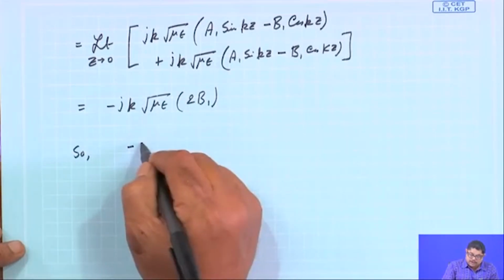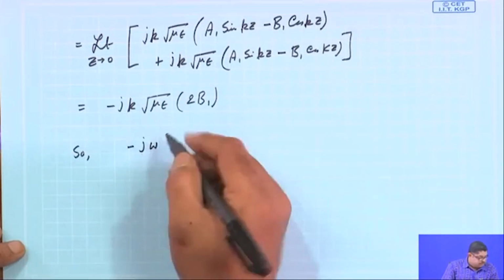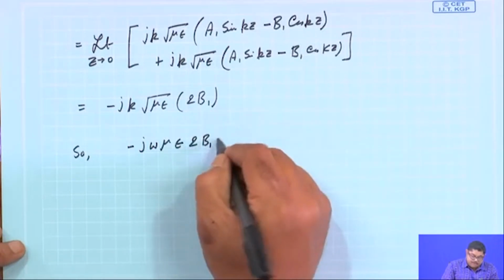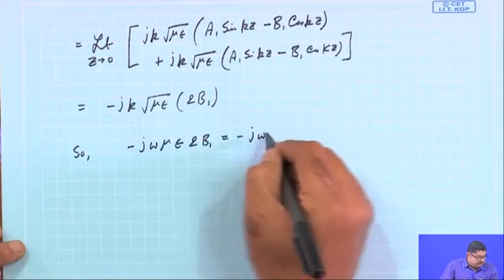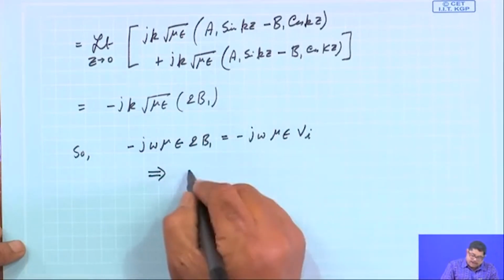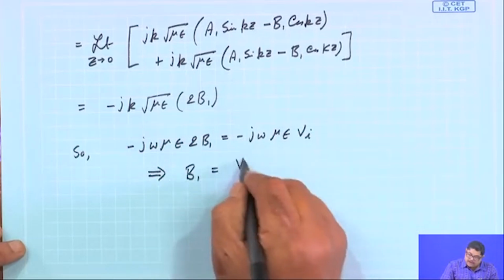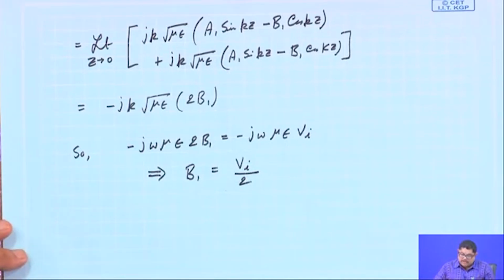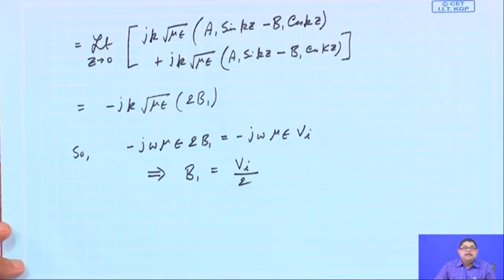We get minus j omega mu epsilon 2 B1 equals minus j omega mu epsilon Vi, that implies that B1 value I got as Vi by 2. So, B1 I got.